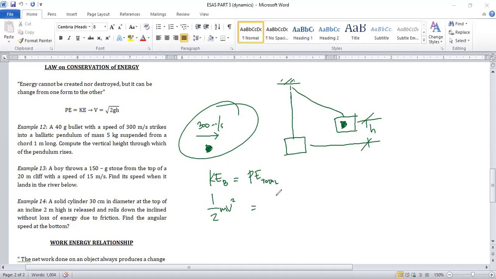This would be the mass. Okay, so that's the total, so that is one half.